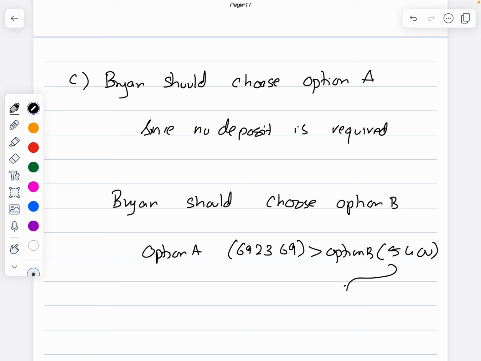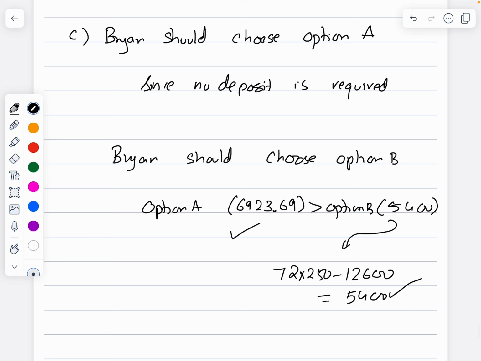How did I get 5,400? I got 72 times 250 minus 12,600, which is only 5,400. Option B is paying only 5,400, and option A is paying 6,923. So you can write any one: either option A, with the reasoning that no deposit is required, or option B, in which case you have to compare which one has less interest paid.